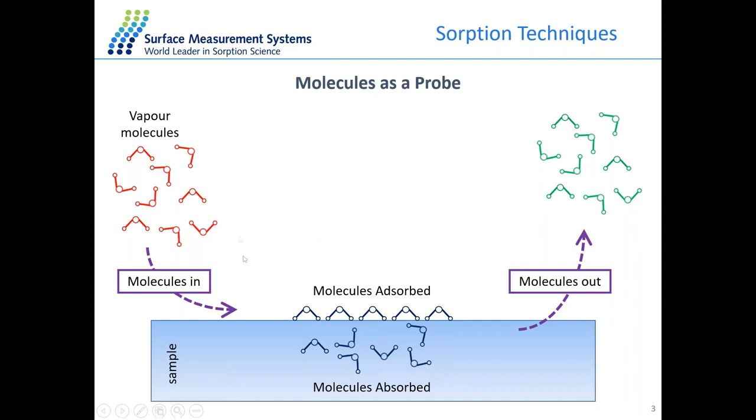Based on the kinetics of the sorption and desorption, we can easily predict some behavior of this solid material at certain temperatures. For example, the properties related to the surface, like surface area and surface energy, or the properties related to the bulk, such as the diffusion coefficient and the permeability parameter.